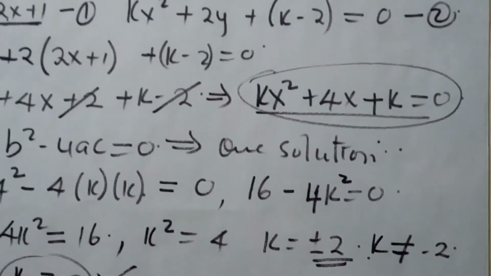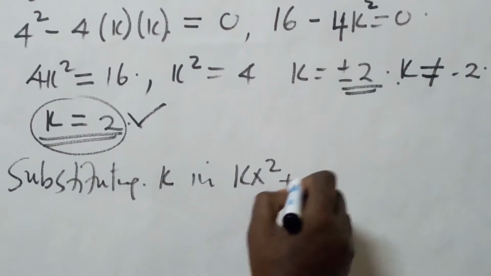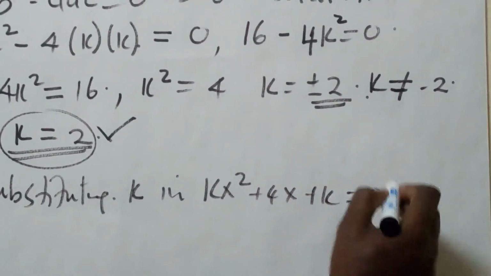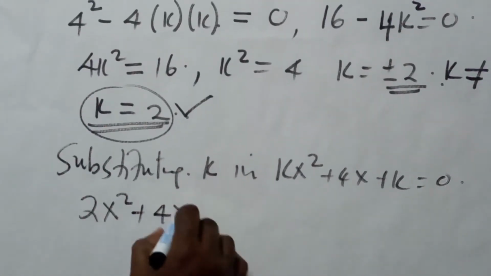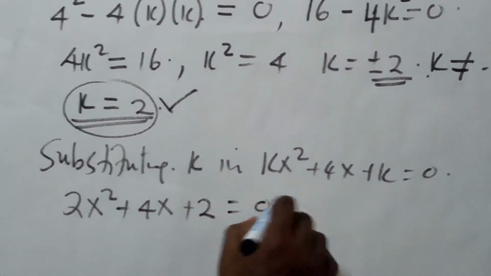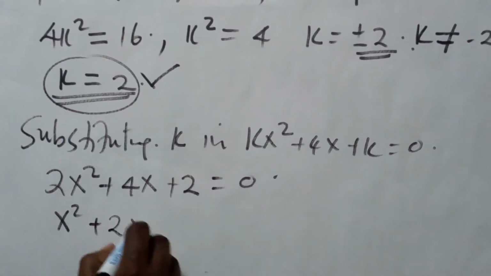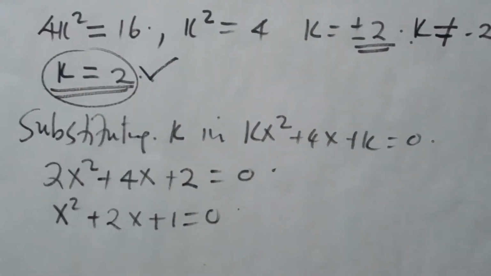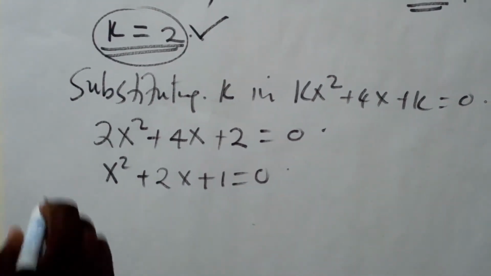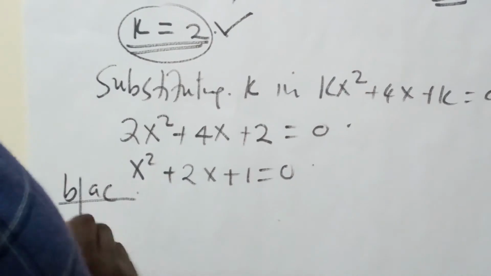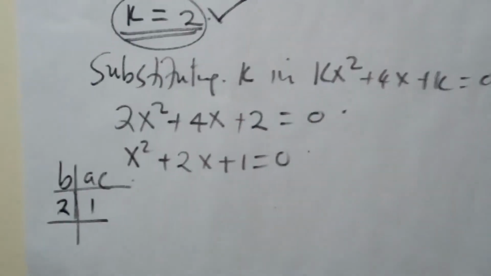Substituting k in kx squared plus 4x plus k equals 0, we have 2x squared plus 4x plus 2 equals 0. Even if you divide everything here by 2, you'll get x squared plus 2x plus 1 equals 0. Our b is 2, our ac is 1. Which two numbers multiply to give 1 and add to give 2?